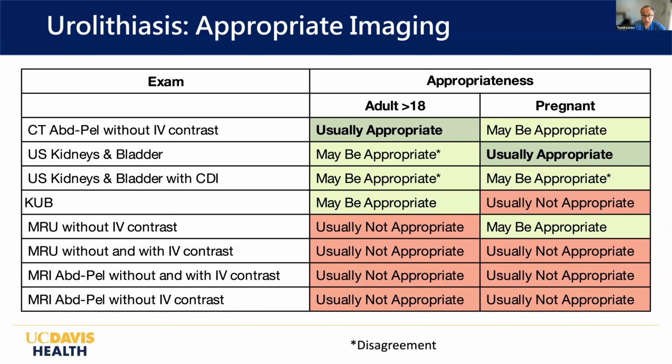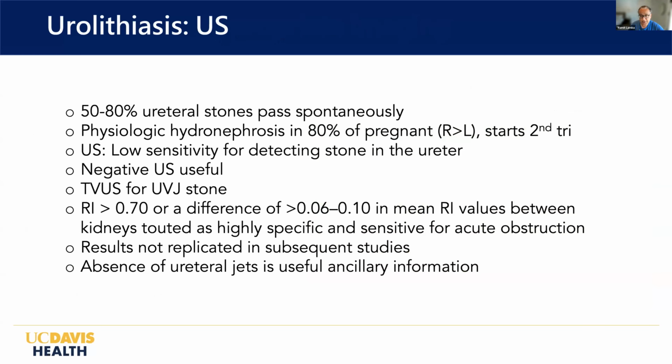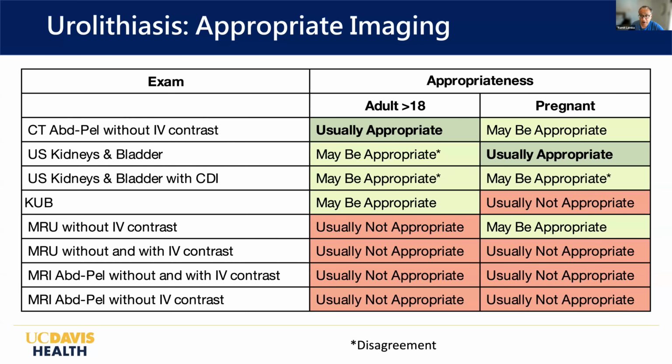Iodinated contrast is not that big of an issue in pregnancy. So if you're going to do a CT, even in stone disease, I recommend using low-dose IV contrast. You don't want structures to be too bright, and stones can be picked up on portal phase CT. It's not necessary to give the contrast, but in this situation, you don't want to repeat the exam.